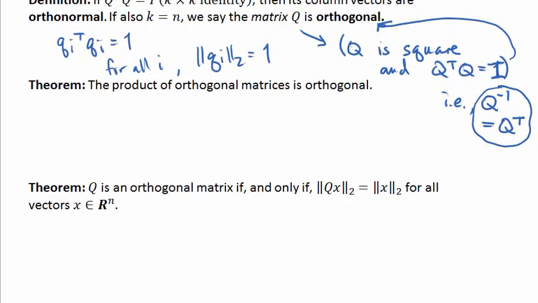Here are two facts. First of all, the product of two orthogonal matrices is also orthogonal. Let's suppose U and V are orthogonal matrices.